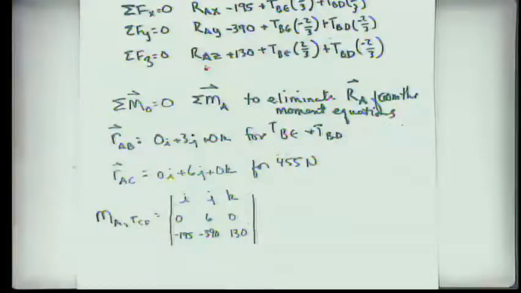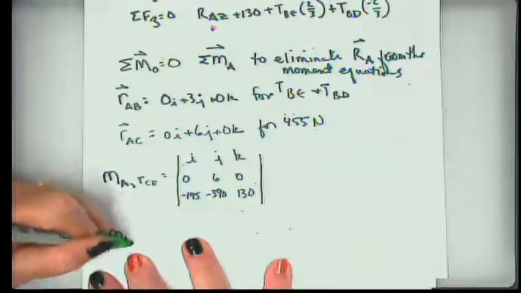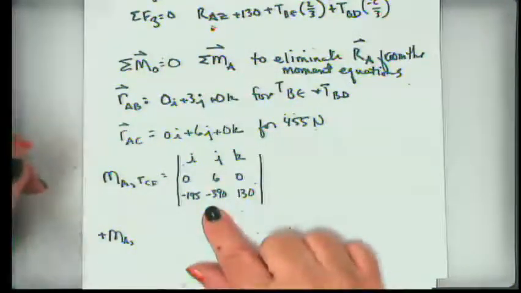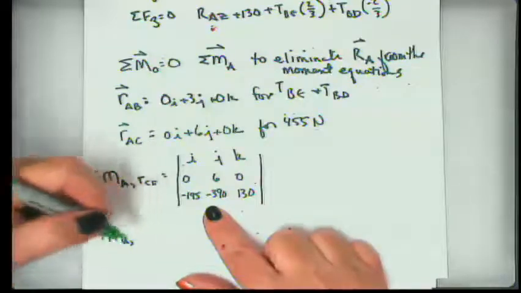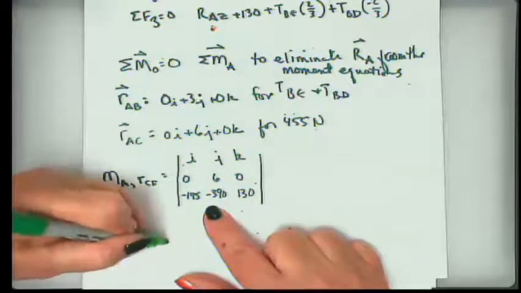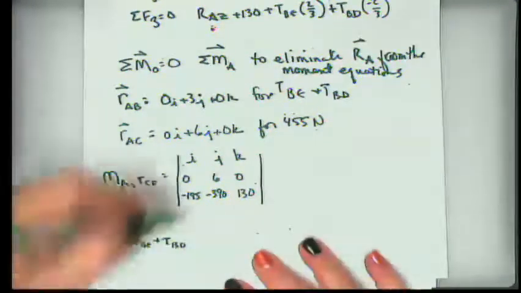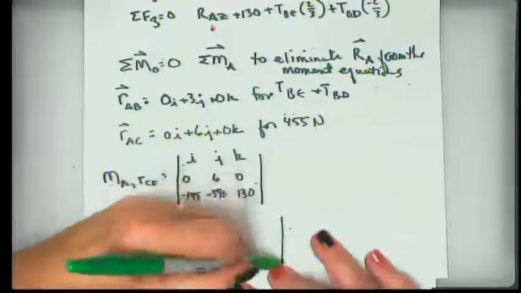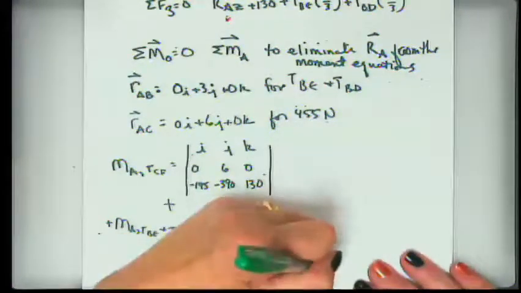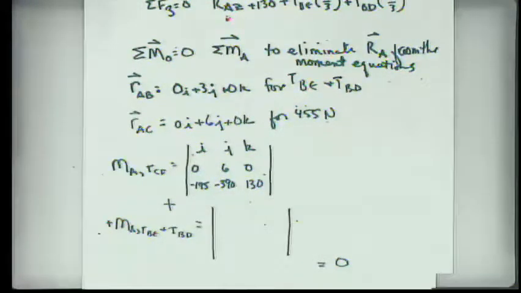All right, now I'm going to do the same thing for the moments about A from TBE and TBD. I want to work with this a little bit just to show you how to look for ways to simplify your work. When I set up that determinant and add those evaluated determinants together, they have to equal 0 in all three coordinate directions.